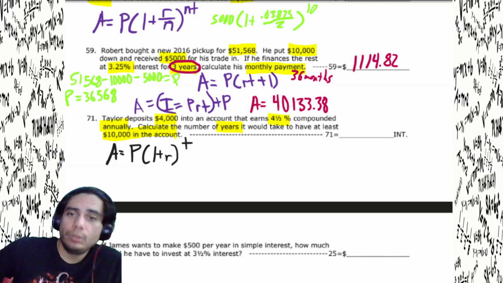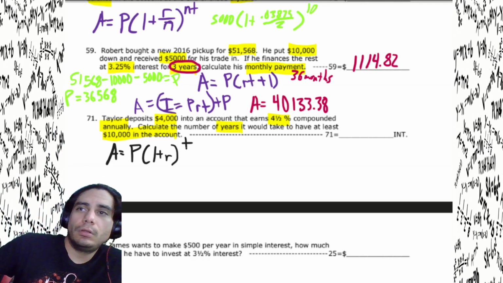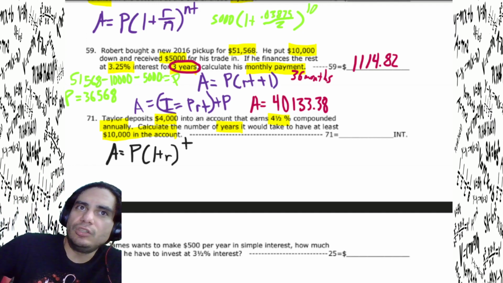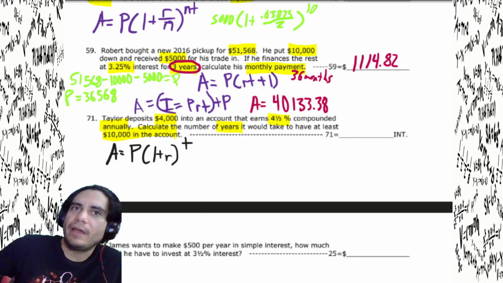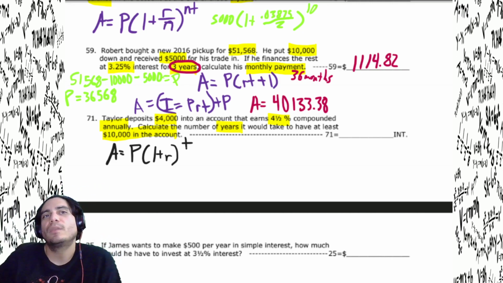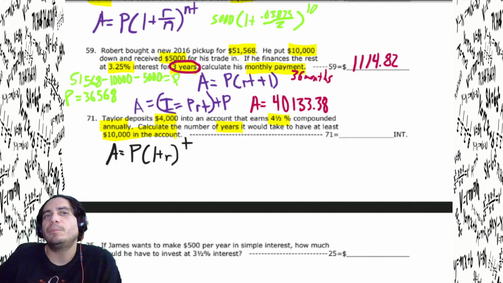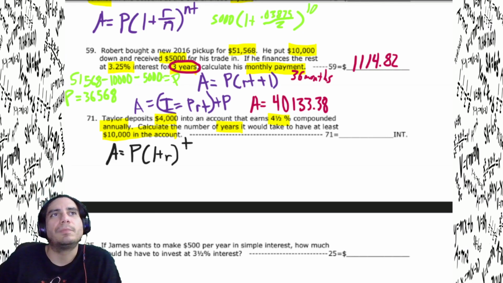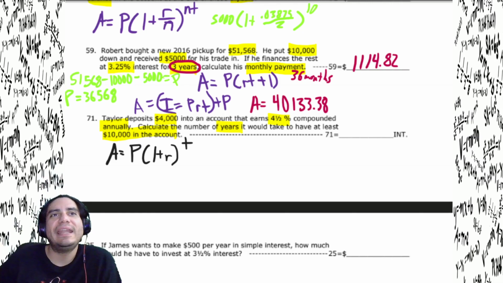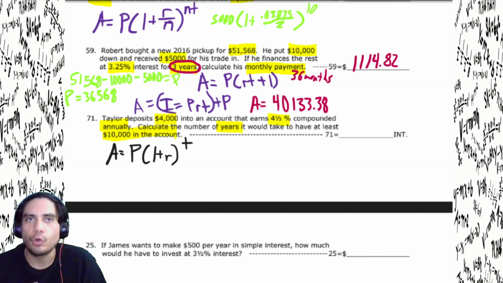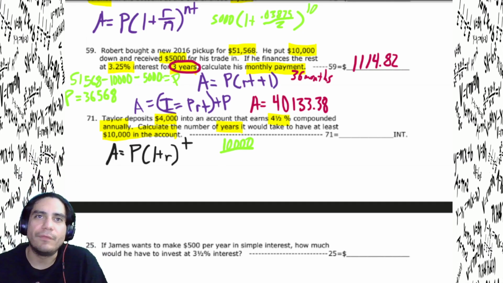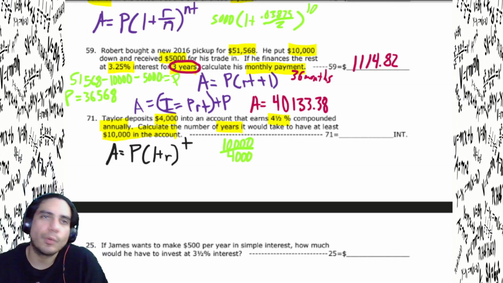What we can do, though, is figure out what the number has to be when we do 10,000 divided by 4,000. We could figure out what t is with a simple guess and check. There's something we can do to simplify this. We take the total accrued amount, which is going to be $10,000, that's our A, and divide it by 4,000, because that's what we'd do working backwards.